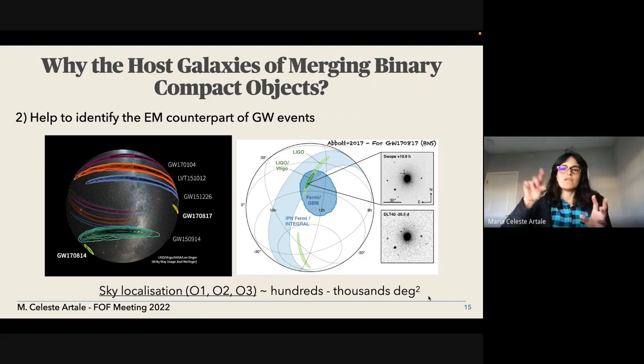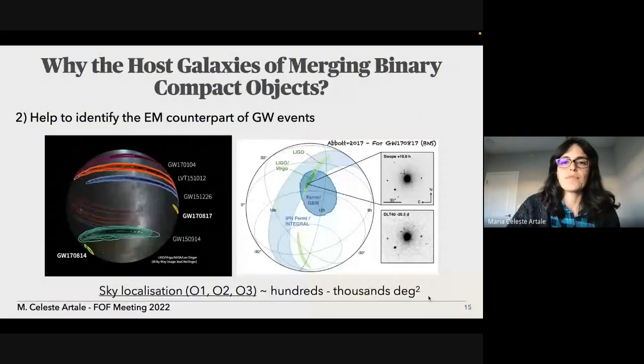That means that if one team wants to look for the electromagnetic counterpart, they need to target and study a very large region on the sky to find this counterpart. But if we know in advance what the properties of the most likely host galaxies are, we will be able to reduce this area on the sky and just focus on specific places within it.